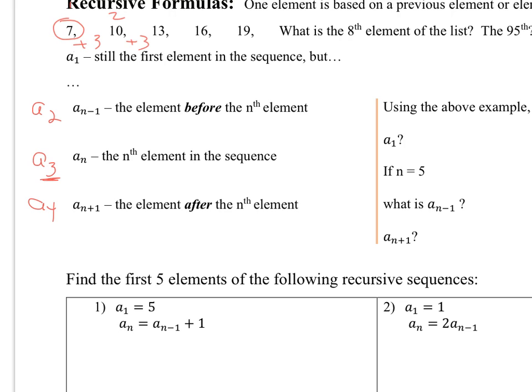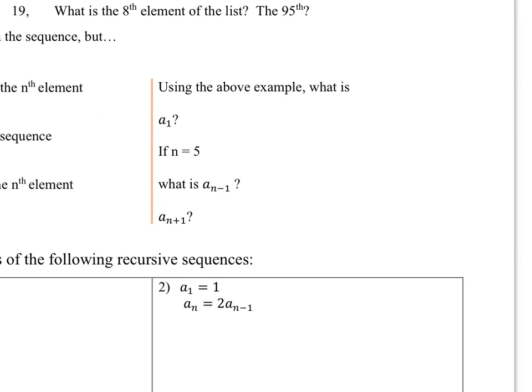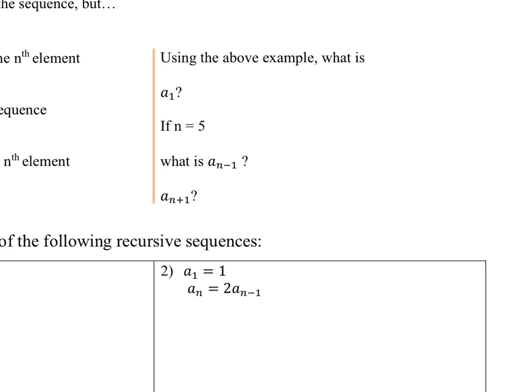See, n is 3, I subtract 1, 3 minus 1 is 2, and 3 plus 1 is 4. That's all that means. Don't let this notation confuse you. It just simply means I'm looking right before it. N minus 1 means I'm 1 behind n. Okay? And that's hopefully going to help you out when we do some of these down below.